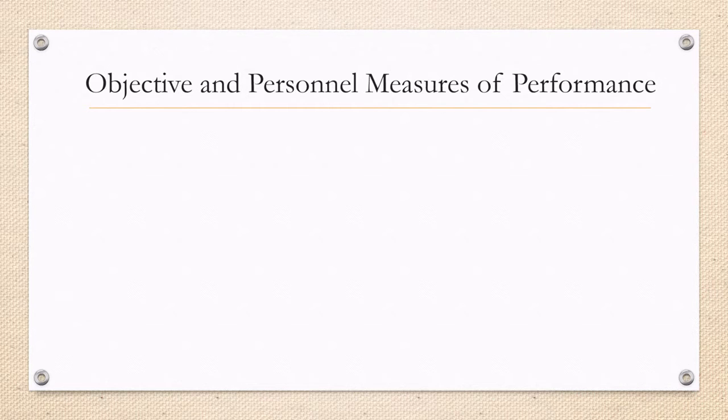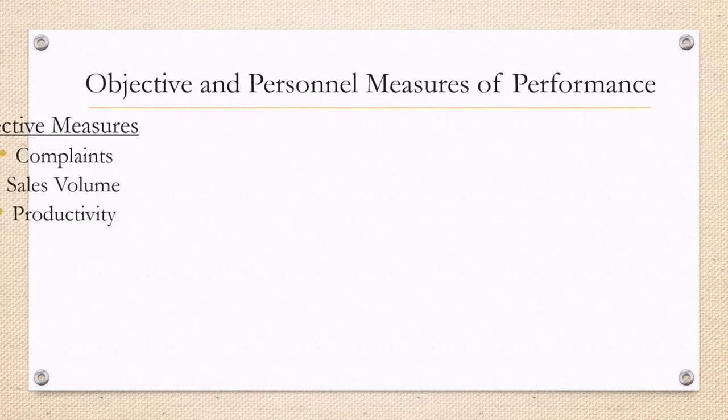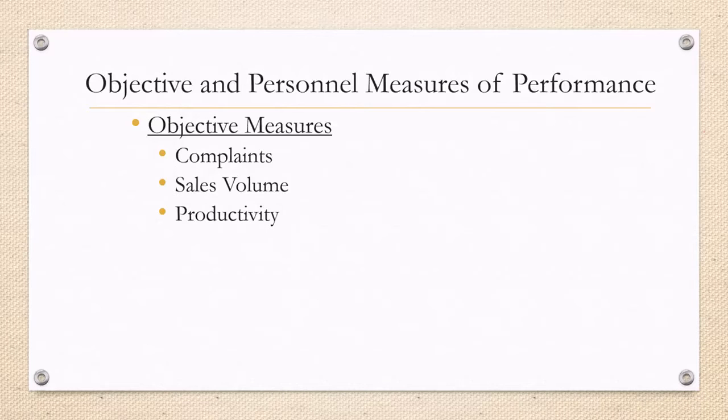So I want to talk about objective and personnel measures of performance. We can measure performance either objectively, through measures of productivity, amount of work produced by an individual, such as the number of cases won by a lawyer, or the number of games won by a coach, the number of publications by a professor, or the number of units produced by a line worker.